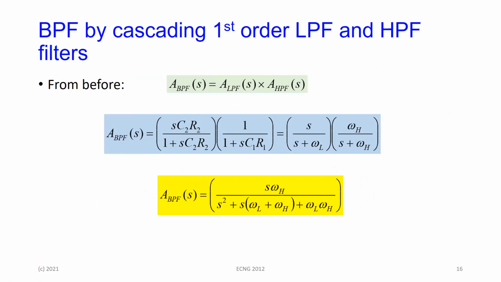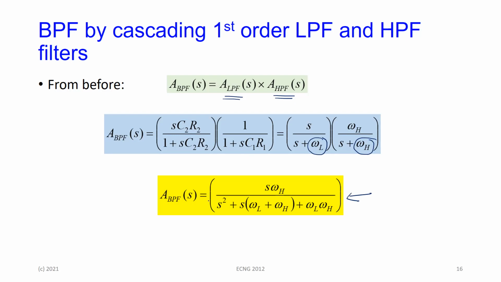And then the overall transfer function, because it's a cascade, is the transfer function of the low pass filter multiplied by the transfer function of the high pass. If you do it, and instead of having a set of C1s and C2s and so on, I'm using them in terms of the cutoff frequencies here, omega H and omega L. If you cascade the two and you simplify it down, you get that the transfer function for the bandpass filter is given by that expression down there.